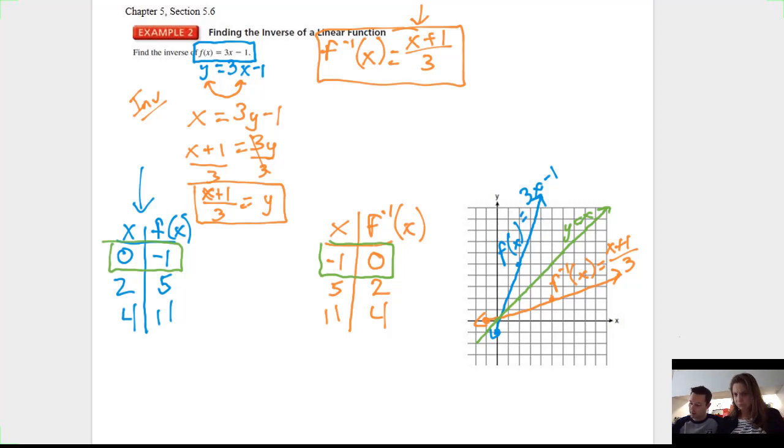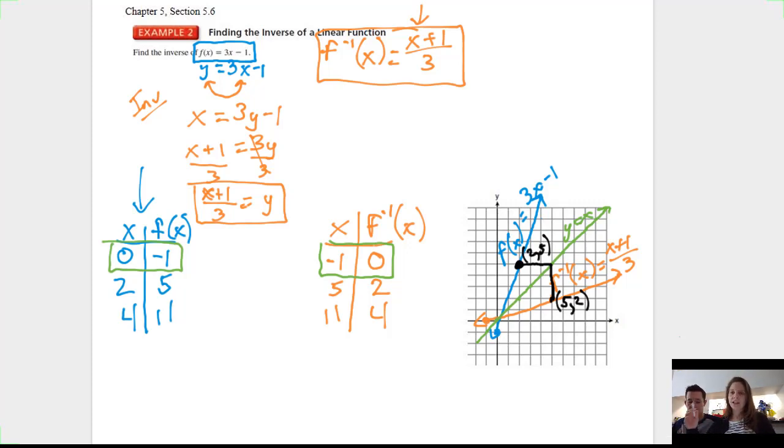I'm going to show you one point here: it goes in 3 and then it comes out 3. So this point is mapped to this point here, and we can even write the coordinates. This point on f of x was 2, 5, and it gets mapped to 5, 2. And we could do that for every point.